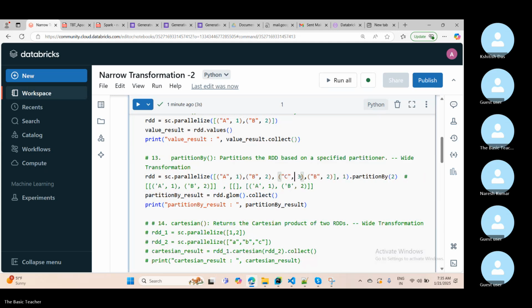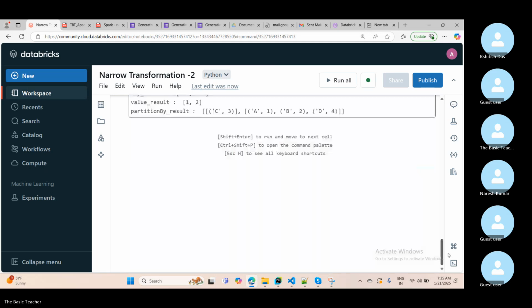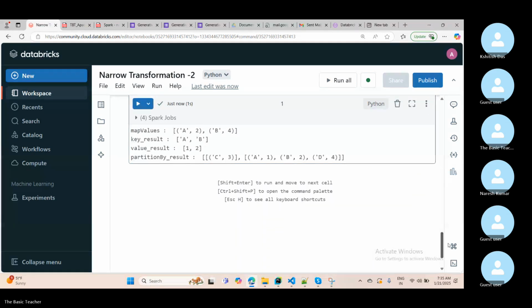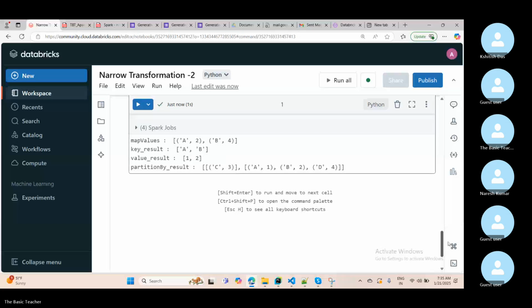C and D. Let's see this. Now C3, A1, B2, D4.